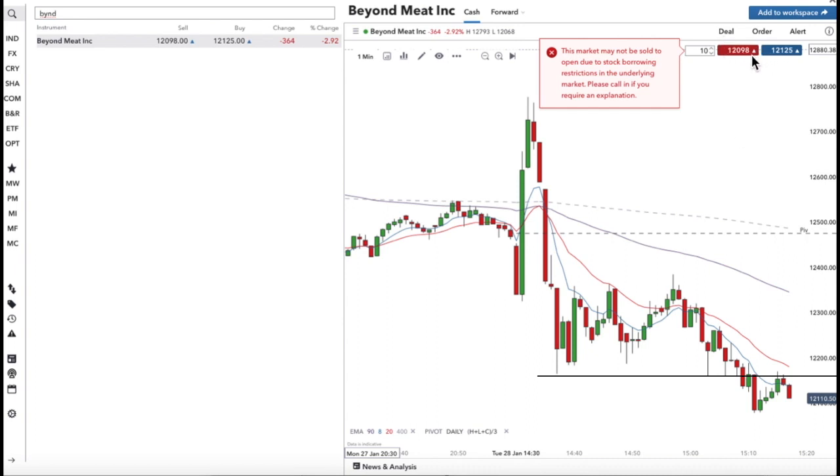That's the broker charge. So I'm selling at 12,098, and if I was to buy back immediately, I'd be buying back at 12,125. So I'm being charged about 20 points, and so that's 20 cents, and that's probably the limit of where I'd find it acceptable.